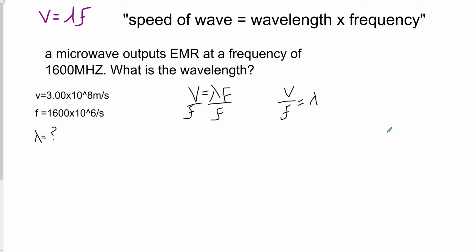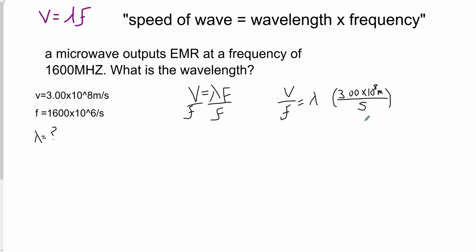So here's how I'm going to write my V and F. I'm going to say 3.00 times 10 to the 8 meters per second. I know I did a slash here, but remember, when you're writing it in a formula, you really want to emphasize the fact that when you say the word per, you're doing a division line, you're making a fraction.